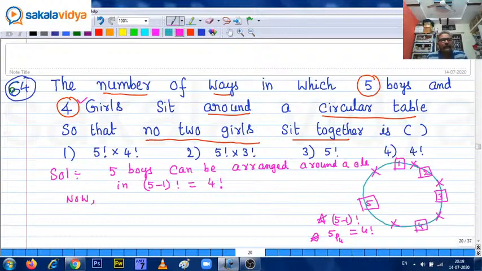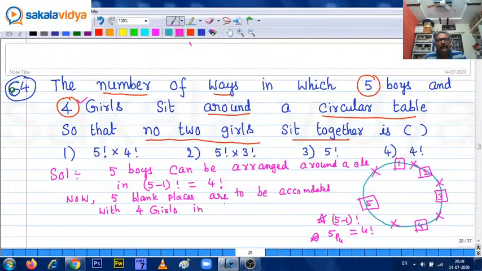Now 5 blank places are to be accommodated with 4 girls in 5p4 ways. 5p4 means 5 factorial by 5 minus 4 factorial, that is 1 factorial, which is equal to 5 factorial.